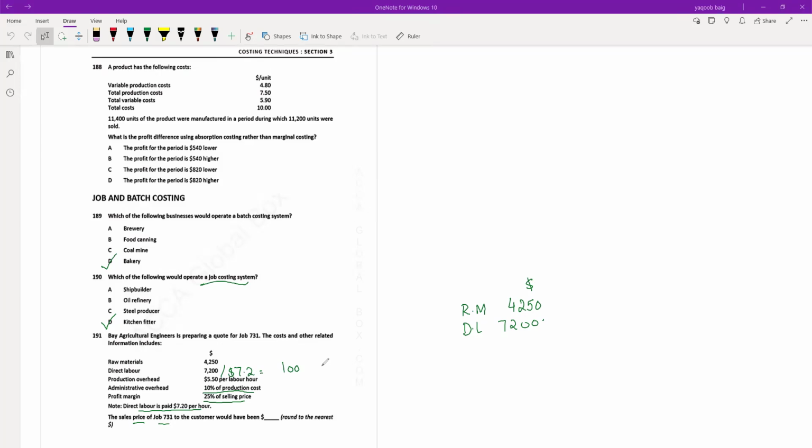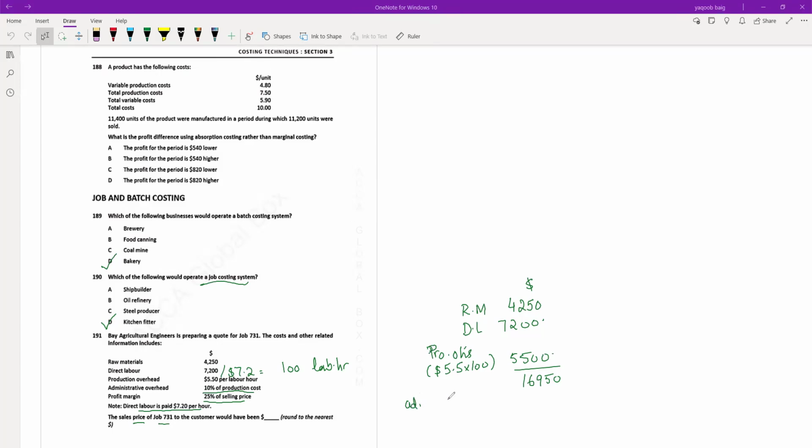We have 100 labor hours. So production overheads 5.5 into 100, 5500. So we will add up these costs: 16,950.